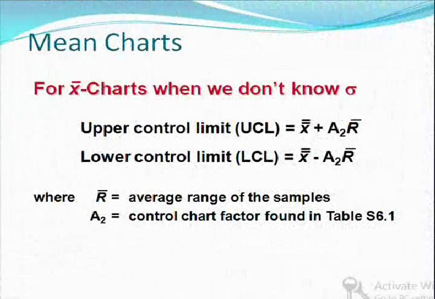For X bar charts, when we don't know sigma, the upper control limit or UCL is equal to X double bar plus A sub 2 R bar, and the lower control limit or LCL is equal to X double bar minus A sub 2 R bar. R bar is equal to the average range of the samples. A sub 2 is equal to the control chart factor found in Table S6.1.